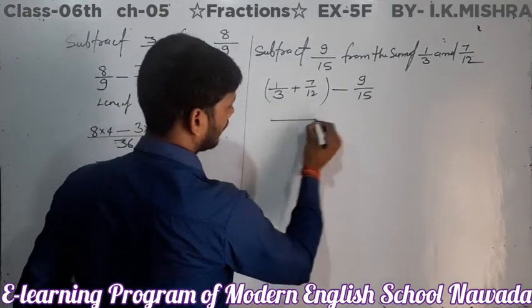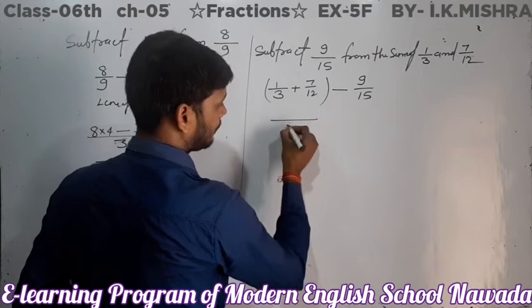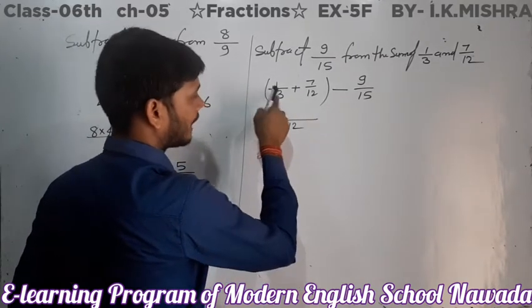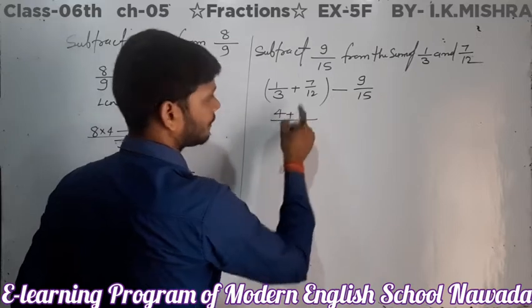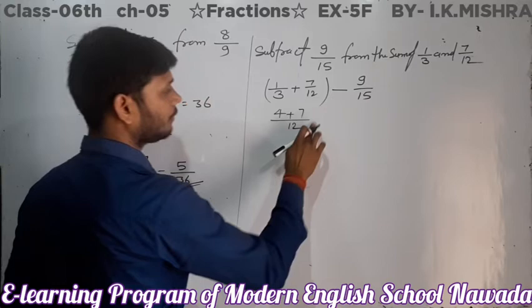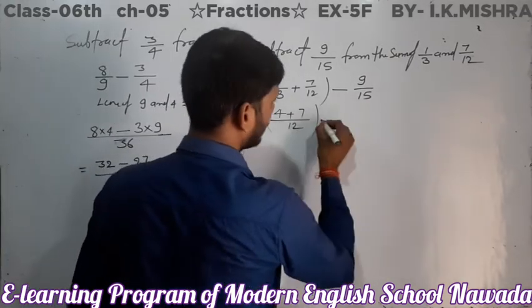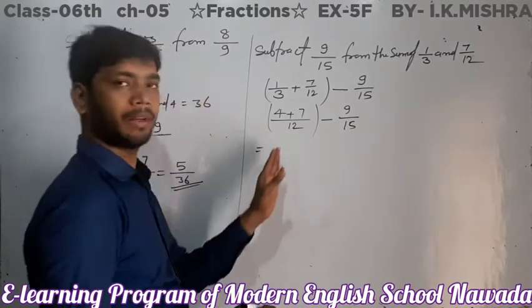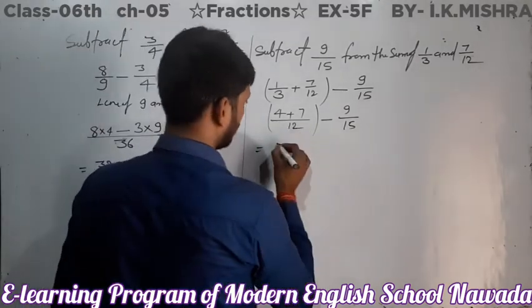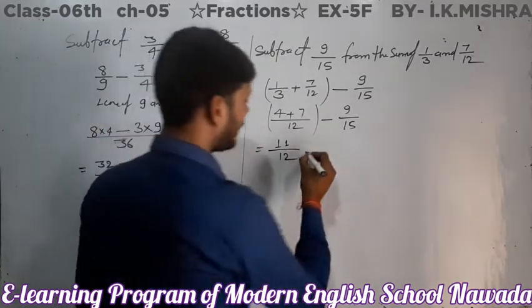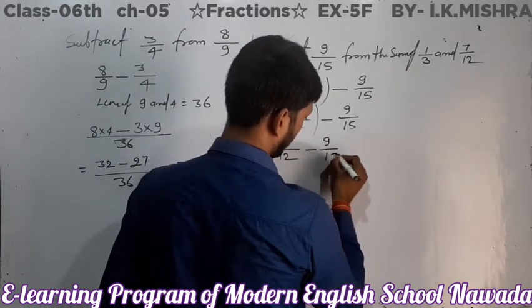Now first find the sum. The LCM is 12. Divide 12 by 3, 4 times, so 4 plus 1 times 7, that is 11 by 12, minus 9 by 15.